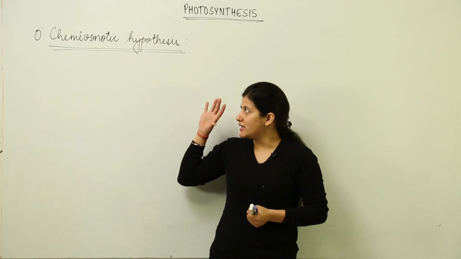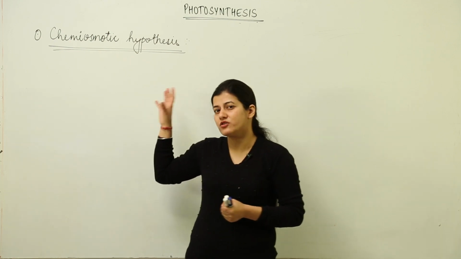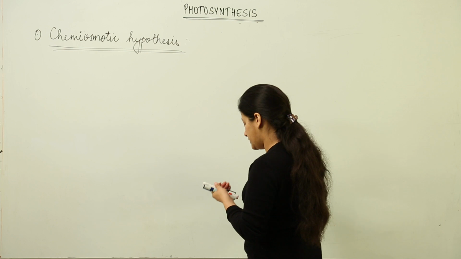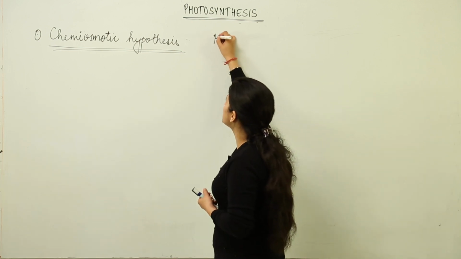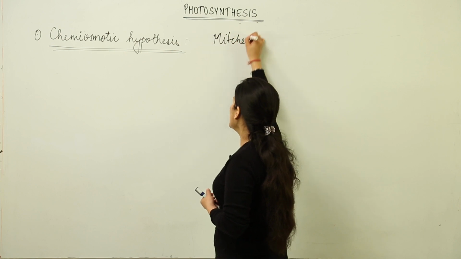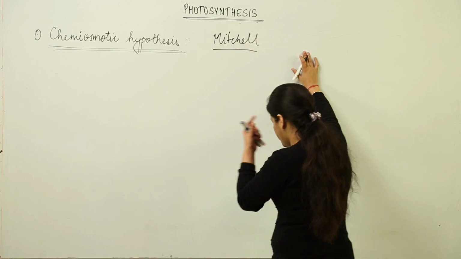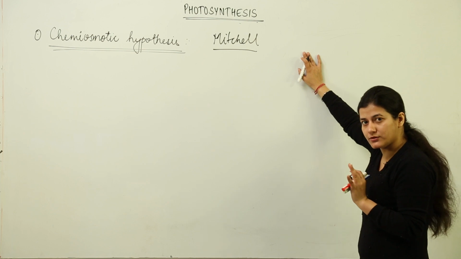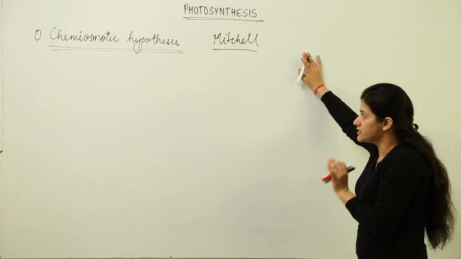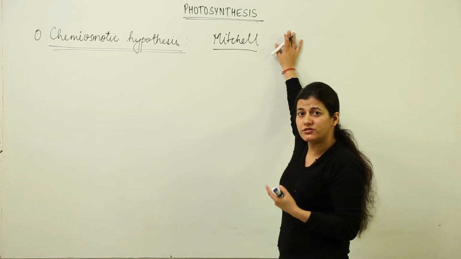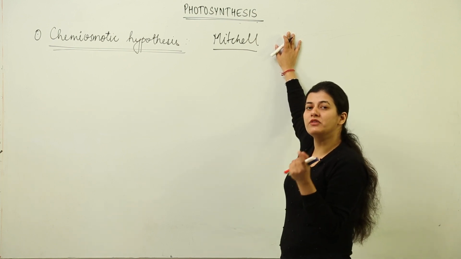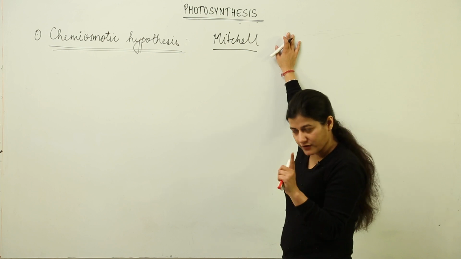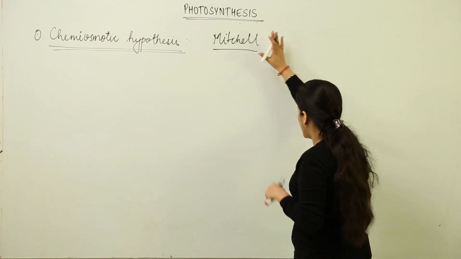So when we study chemiosmotic hypothesis, you have to remember that the scientist who gave it was called Michel, and remember this. Whenever you read it from somewhere, you're going to find his name. He was the one who proposed it.